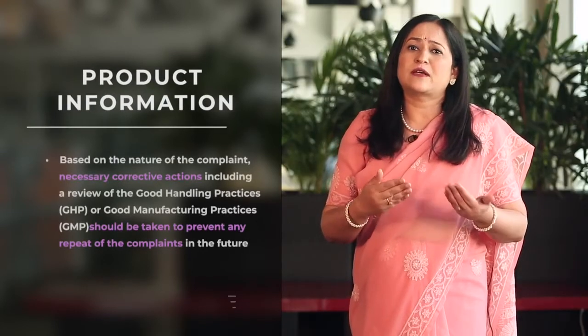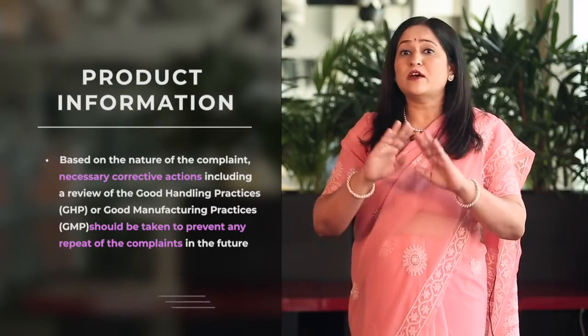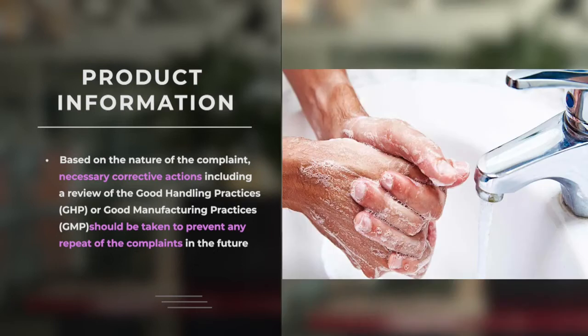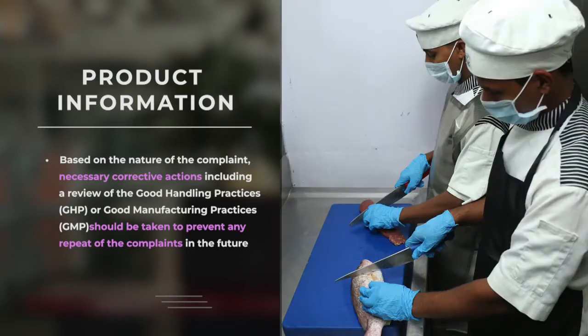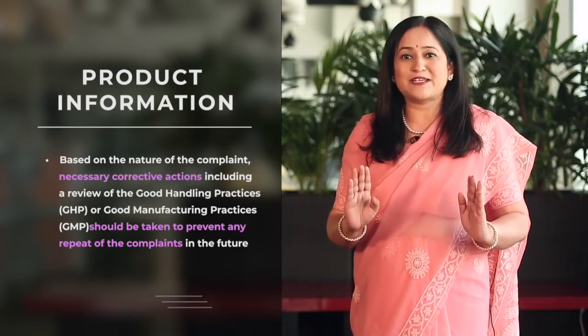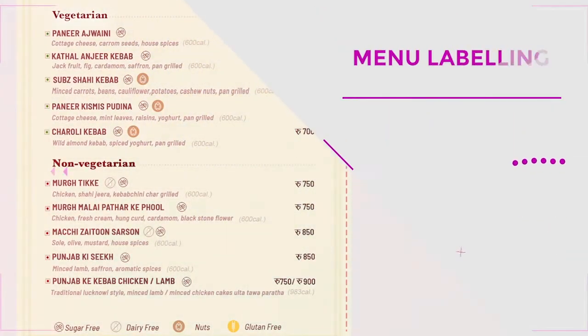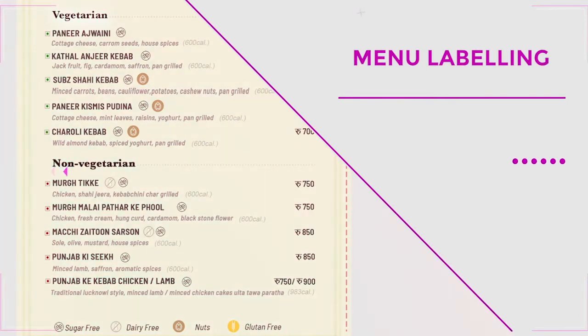Based on the nature of the complaint, necessary corrective actions including a review of good handling practices, which is GHP, or good manufacturing practices, which is GMP, should be taken to prevent any repeat of the complaints in future.